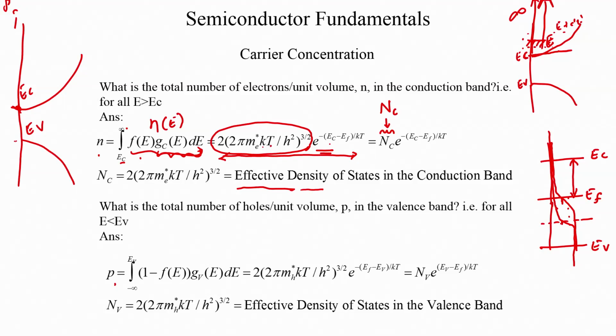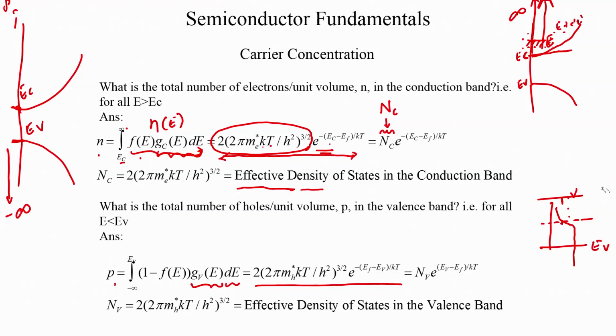And to find the number of holes in the valence band, I am going to find all the holes sitting between E v and minus infinite. So, I am going to integrate from minus infinite to E v, 1 minus f of E, the density of states in the valence band times dE, is going to give me a measure that looks like this. So, this is the total hole count in the valence band.